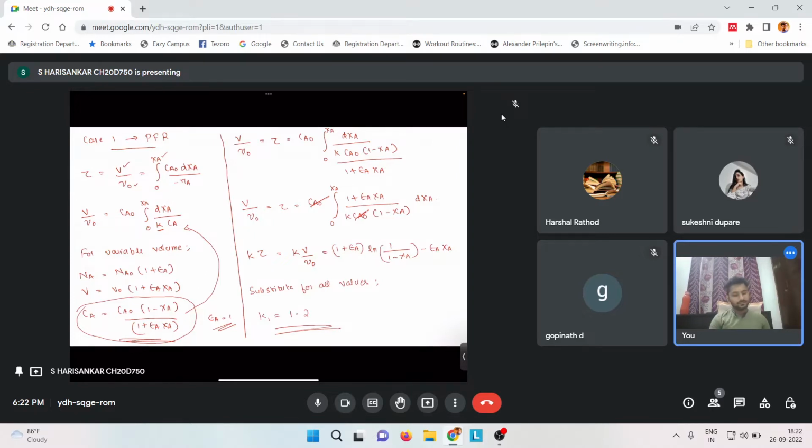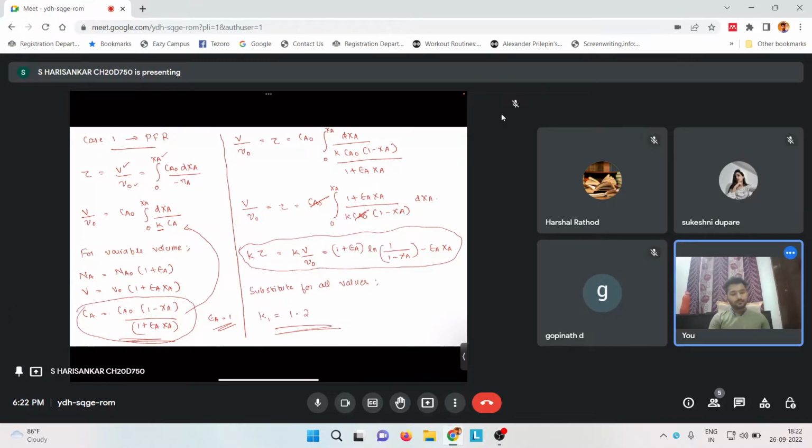So this is actually used as a standard equation also for first order variable volume systems. So you can even make a note of it. If you guys have any doubts regarding this integration, we can go through that.